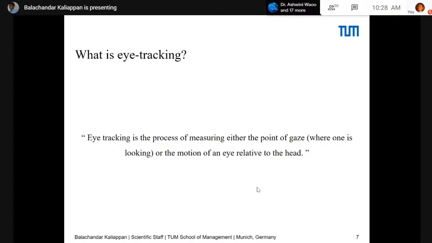The movement of your eye can be tracked by a device. And what does it track? It basically tracks where you're looking relative to the position of your head, or where you're really focusing. Okay. And the focusing point is called gaze. Okay. And we'll look in depth at eye tracking now.